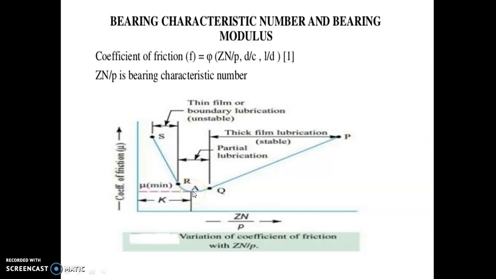So for the safer side, the value is taken as 3 times ZN upon P, and if the bearing is subjected to more impact load, it can be taken up to 15 times. So this is the bearing characteristic number and bearing modulus.